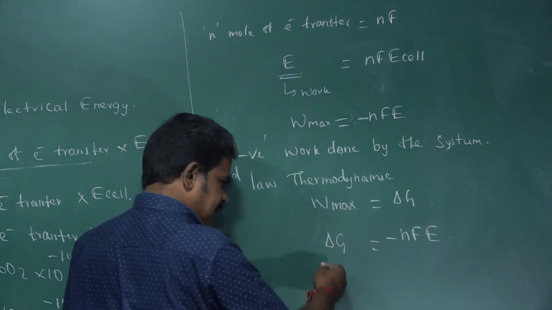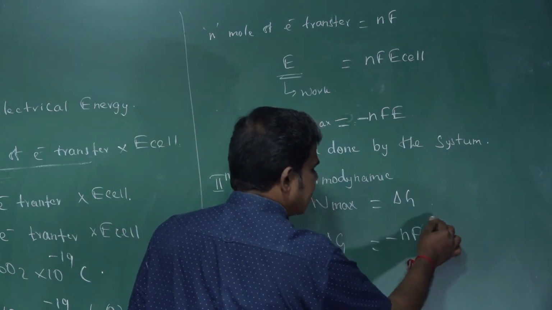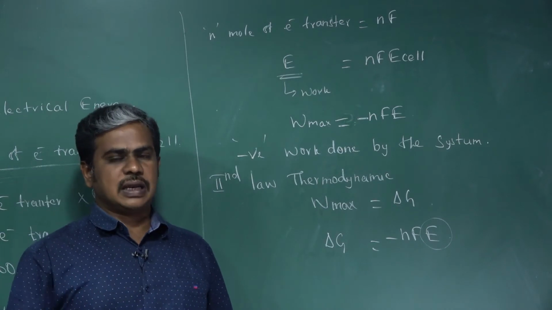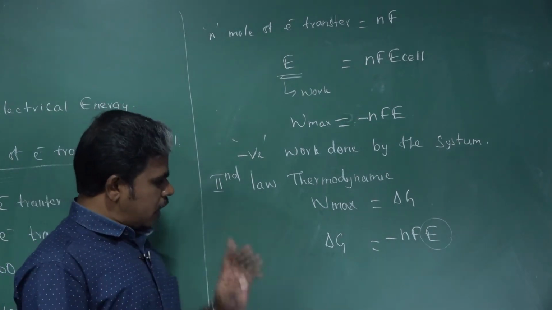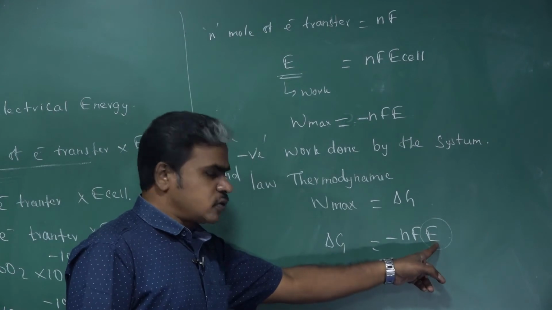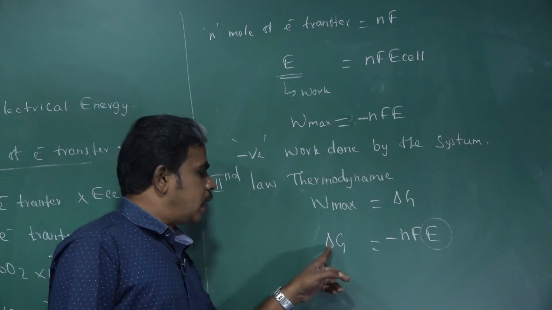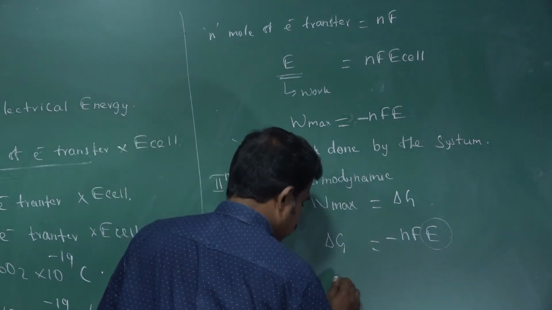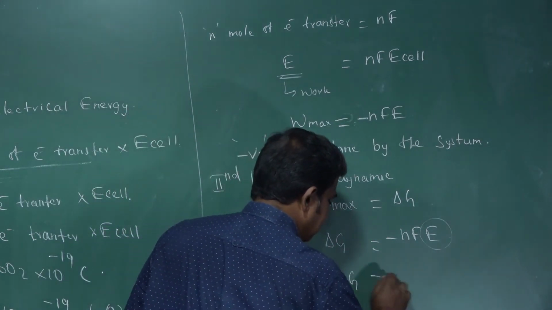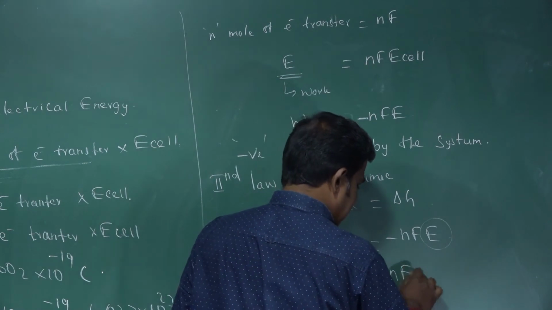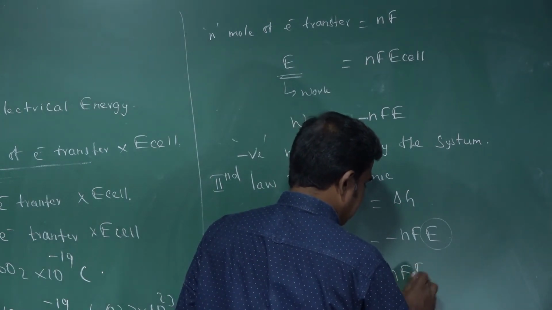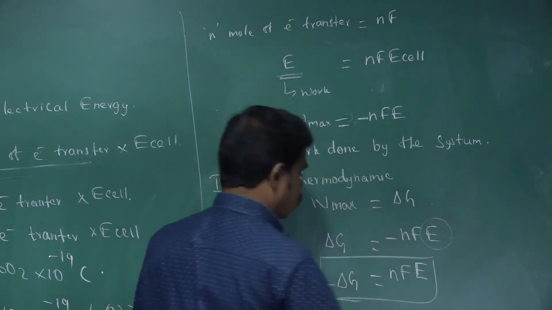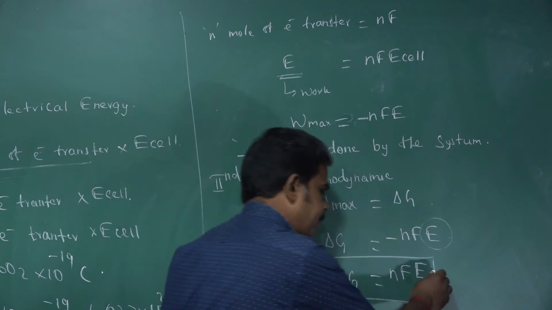If the EMF is positive, then the cell is feasible. According to feasibility, EMF should be positive and delta G should be negative. So we may rearrange: minus delta G is equal to nFE cell.